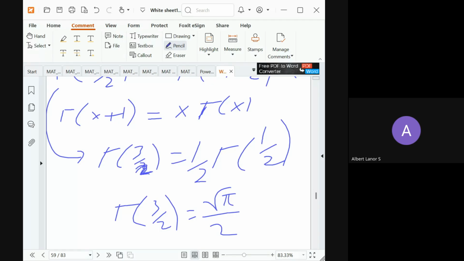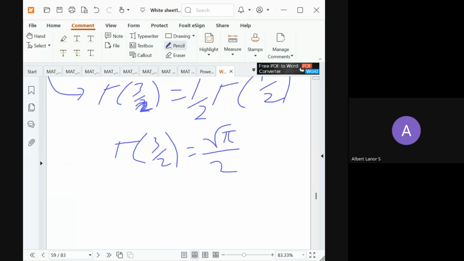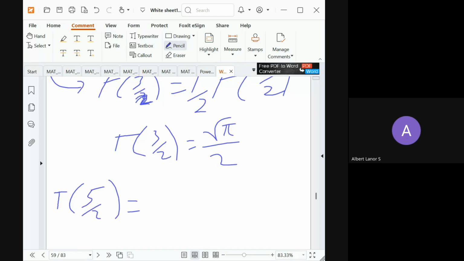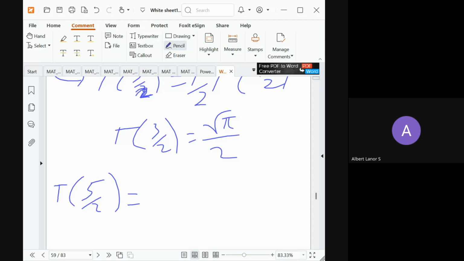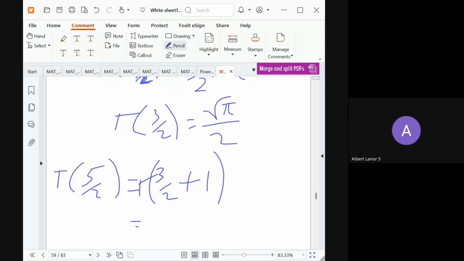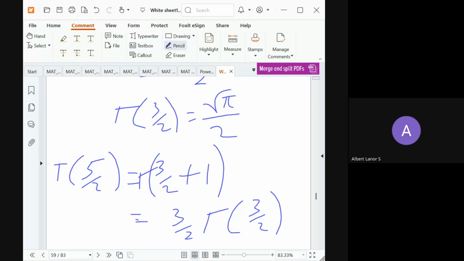Now, clearly, we can also, in the same way, find gamma of 5/2. Now, gamma of 5/2 means gamma of 3/2 plus 1. And this is equal to 3/2 times gamma of 3/2.